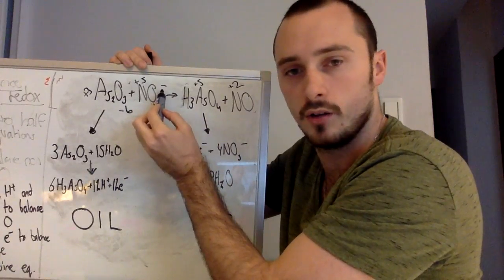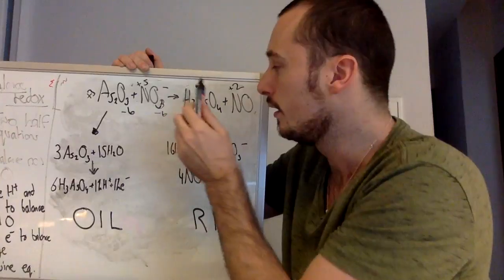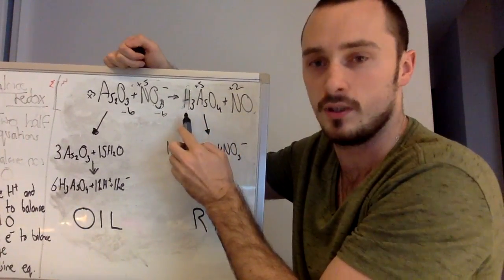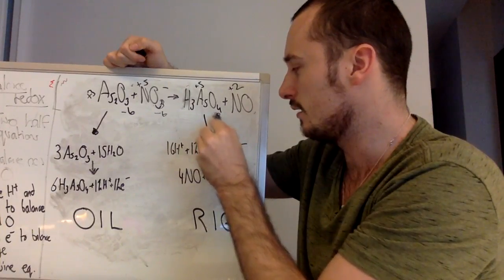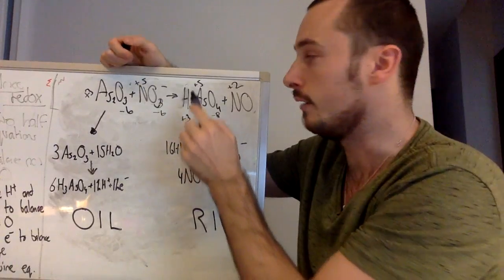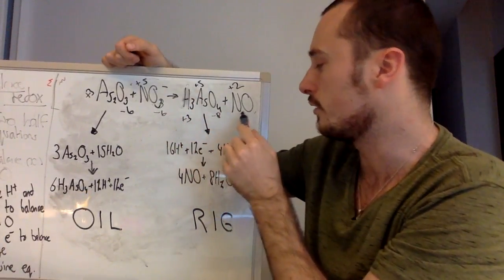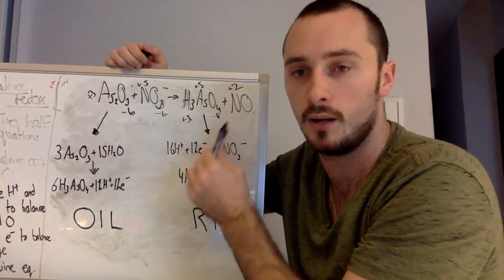We have a minus charge overall on the polyatomic ion, therefore nitrogen should be +5. Going over to this side, we have H, which is +1, O4, -2 each, so -8, +3. So overall, to make a neutral compound, As should be +5. And for nitrogen monoxide, a neutral compound, oxygen is -2, nitrogen therefore must be +2.